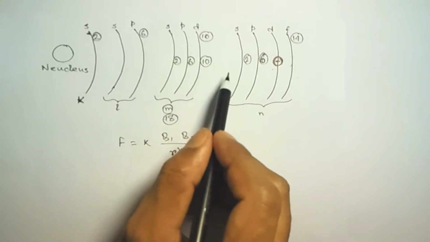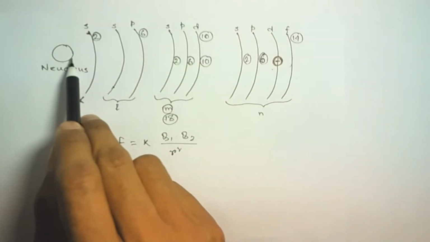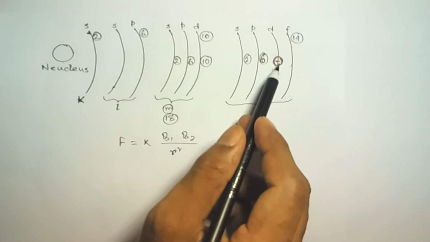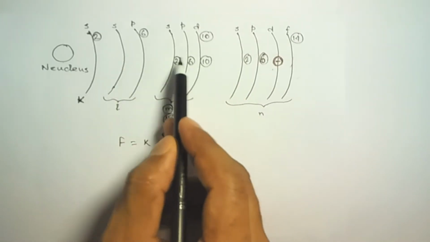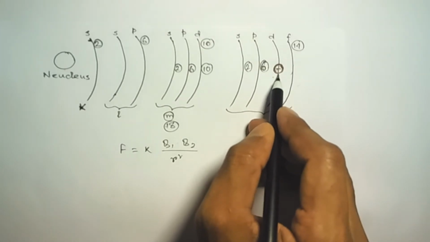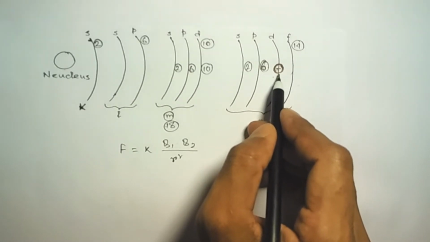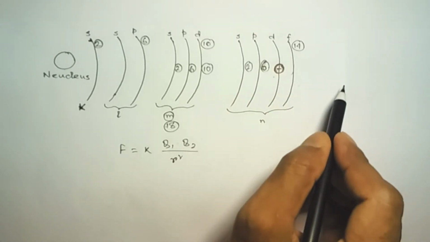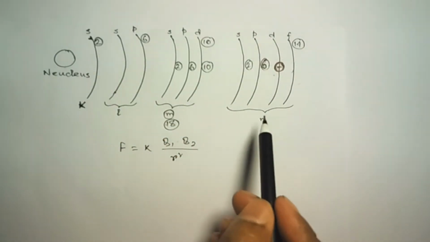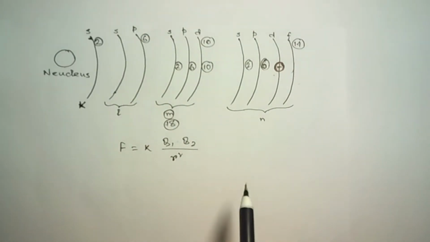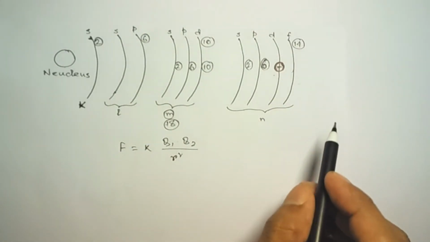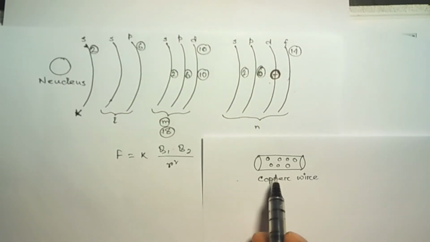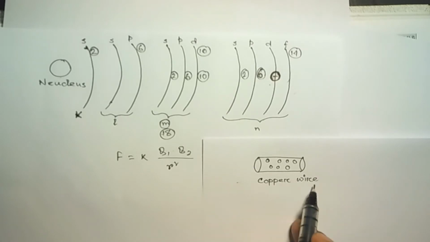So the attraction force from the nucleus to this electron will be lesser than for the electrons in these subshells. If this loosely bonded electron gets sufficient energy from the surrounding medium, then it will leave this atom, that means the parent atom. It will be called a free electron. Thus we will get so many free electrons in a copper wire.